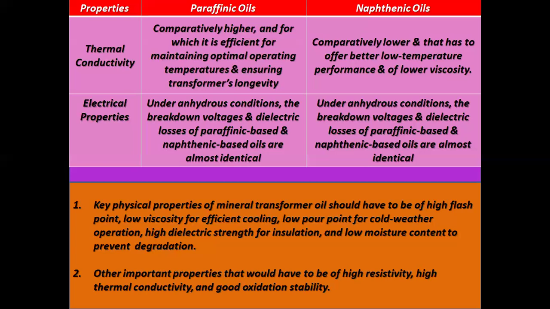Now, the conclusive part. Number 1: the key physical properties of mineral transformer oil should be high flash point, low viscosity for efficient cooling, low pour point for cold weather operation, high dielectric strength for insulation, and low moisture content to prevent degradation.